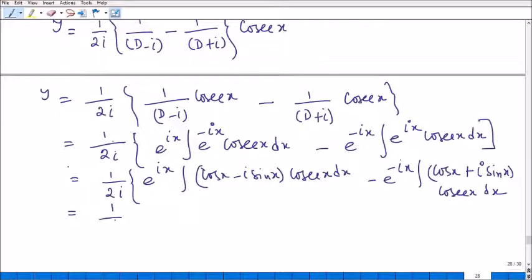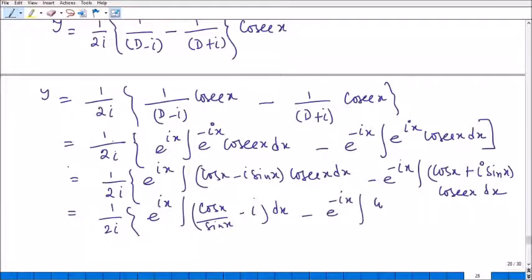So we can write 1 by 2i, e to the power ix integration of cos x by sin x minus i dx, minus e to the power minus ix integration of cos x by sin x plus i dx.